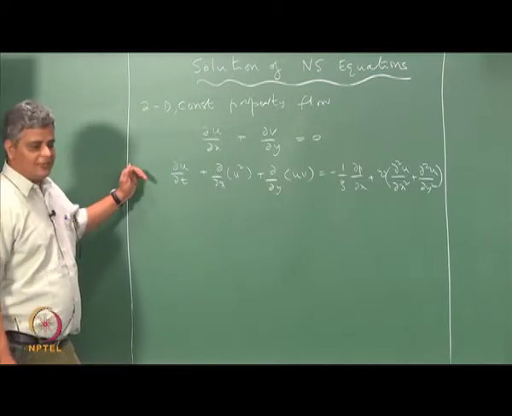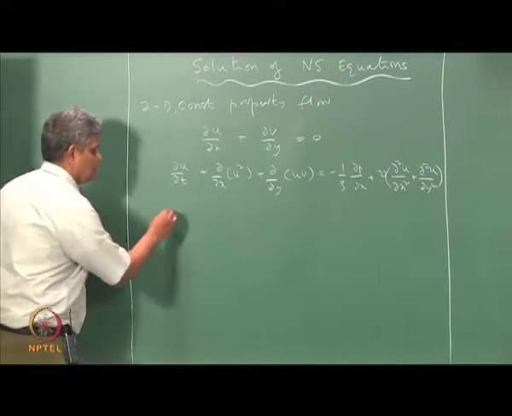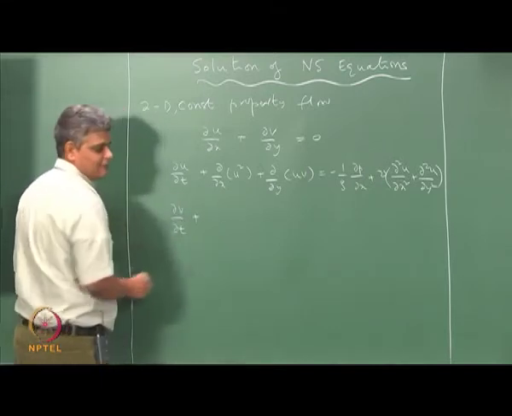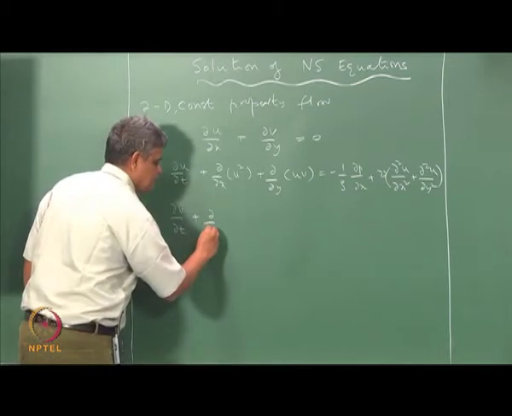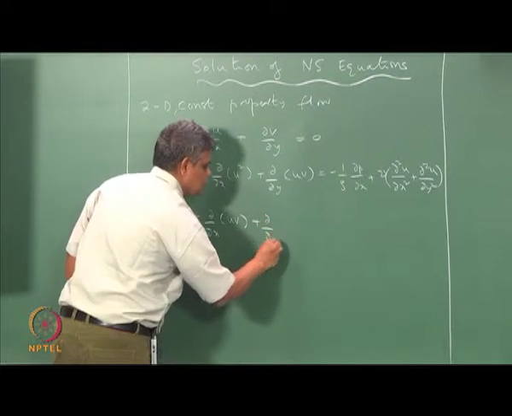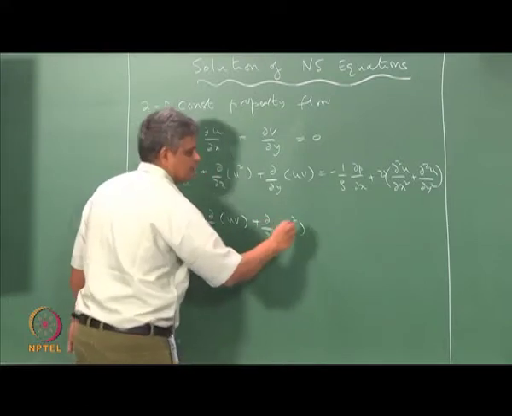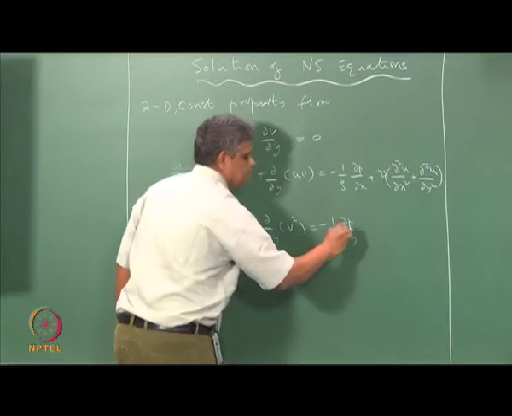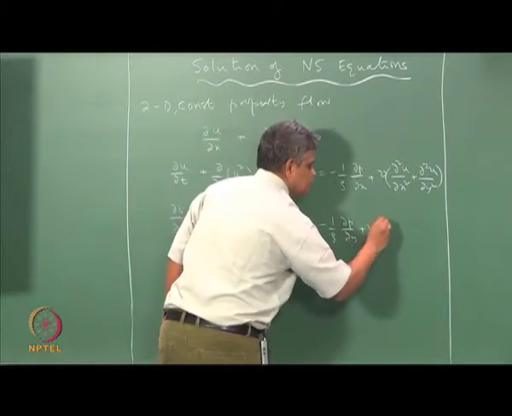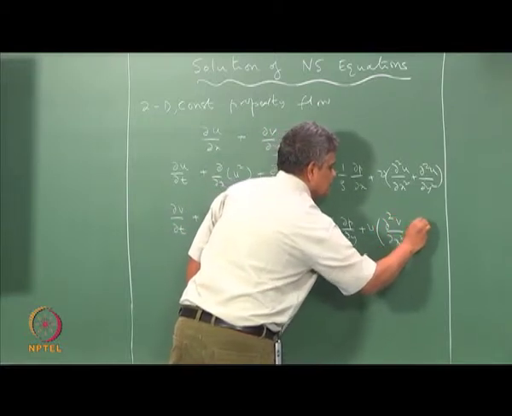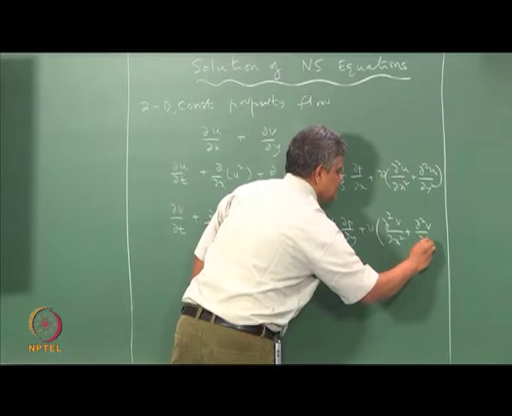So, we have an x momentum equation like this, and we can also write the corresponding y momentum balance equation, which can be written as dou by dou x of uv plus dou by dou y of v square equal to minus 1 by rho dou p by dou y plus nu times dou square v by dou x square plus dou square v by dou y square.